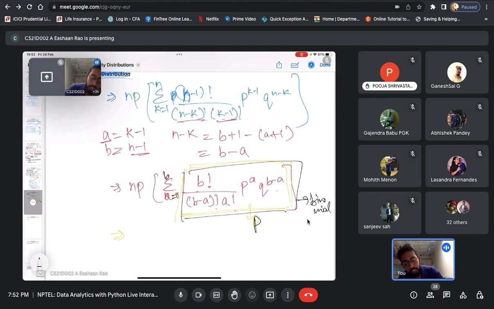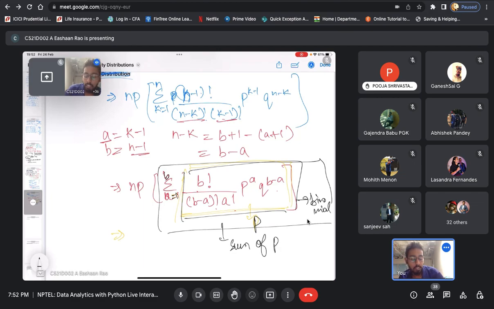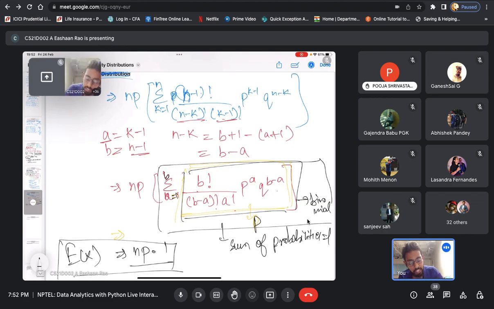The sum of all probabilities is equal to 1. So if I do that, it will come down to np into 1. So the expected value of the binomial distribution is np.